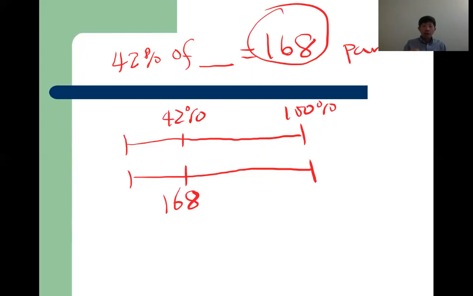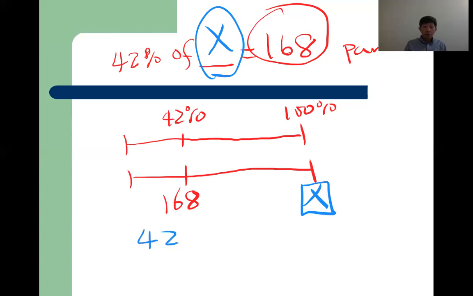And the unknown number is the whole, so we put x here. Now we can set up the proportion: 42 over 168 is equal to 100 over x.